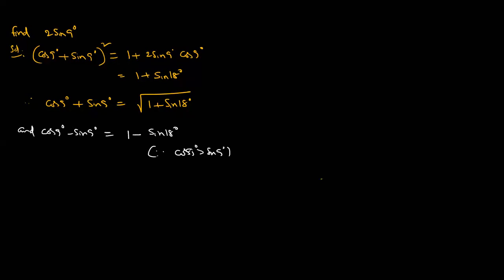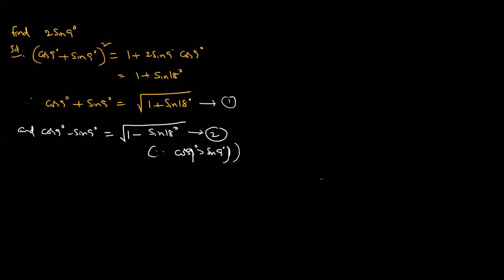This one is always positive, dear student. First quadrant, okay? Cos is decreasing, sine is increasing, first quadrant. Of course, root is there, thank you. This one is important. This is root over. Dear students, this is a 1. This is a 2. Fine.